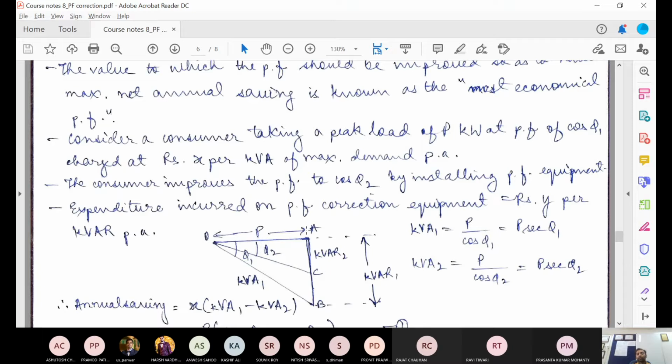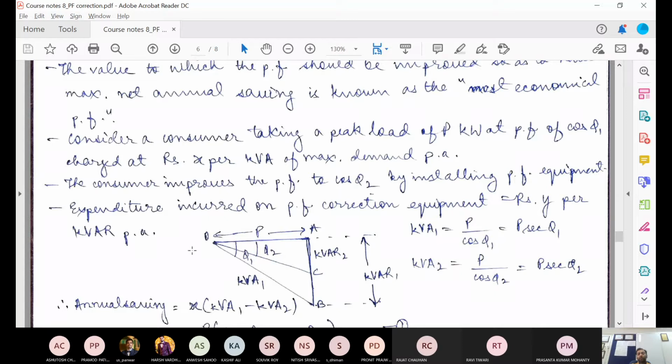And the real power remains the same throughout, the power P. So again, applying simple trigonometry, kVA1 is P by cos phi 1, or we can write that as P sec phi 1.